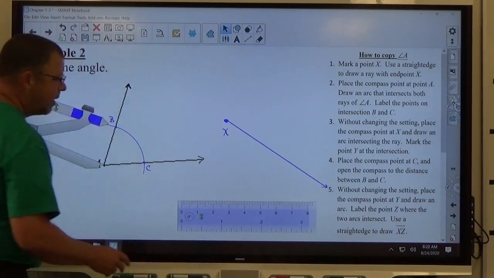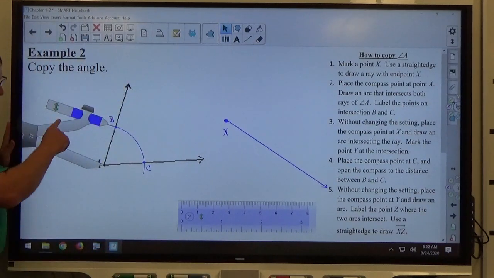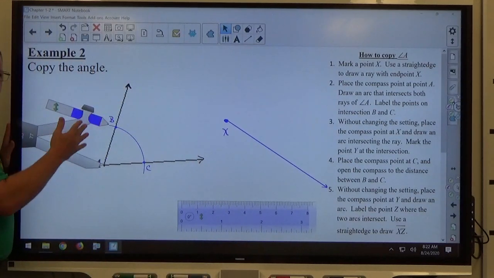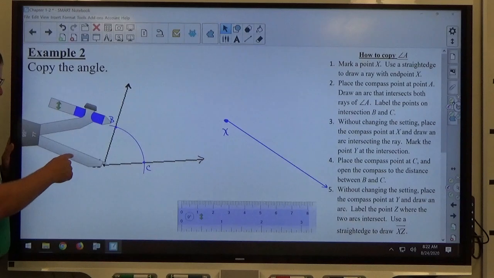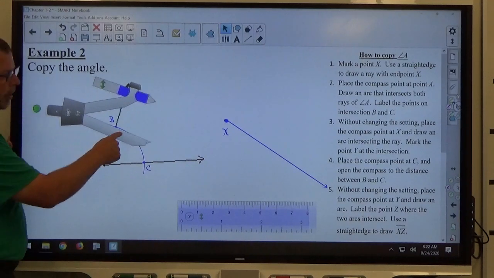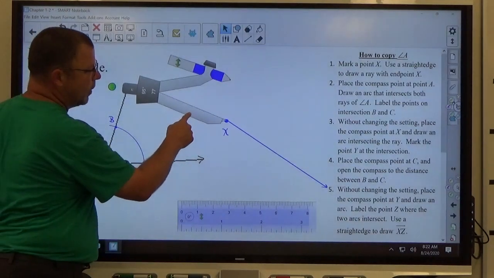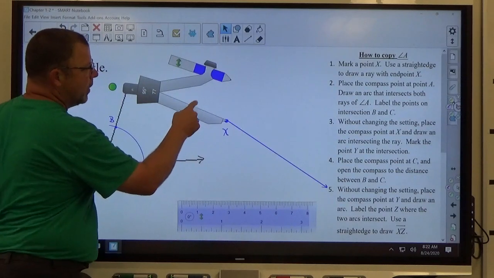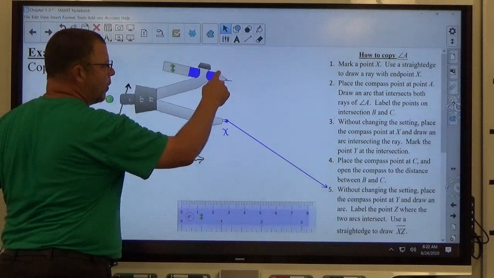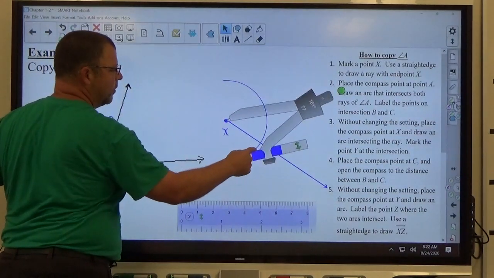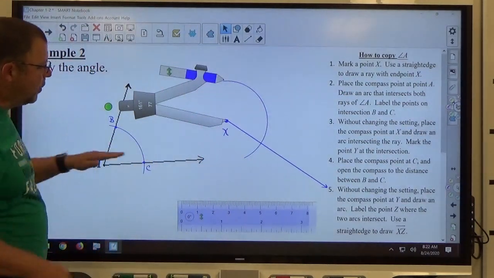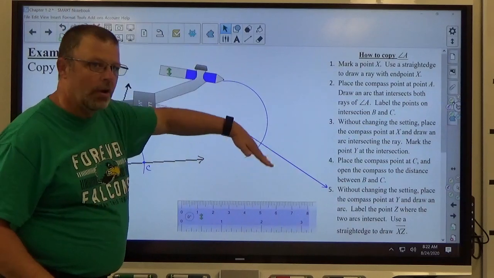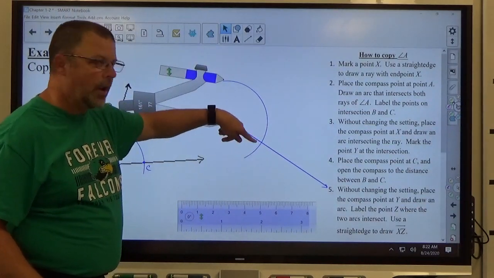All right? Now, I've created a circular arc here with a specific radius, and it didn't matter what that radius is, but now that I've used that radius, I don't want to change it. So I'm going to pick my compass up, holding it by the point only. I'm going to come over here to point X, and I would like to draw an arc around like so. And I do want to cross this ray that I've already done.